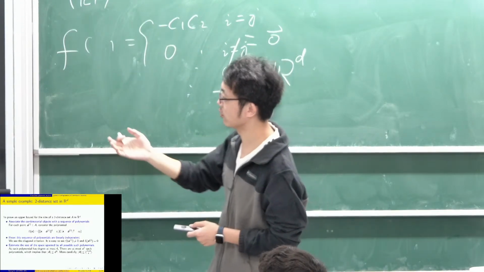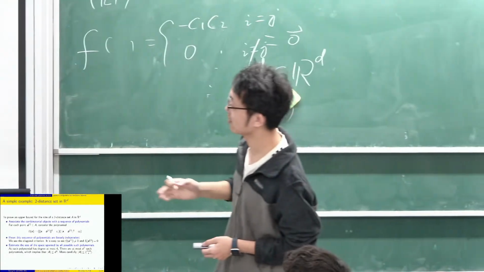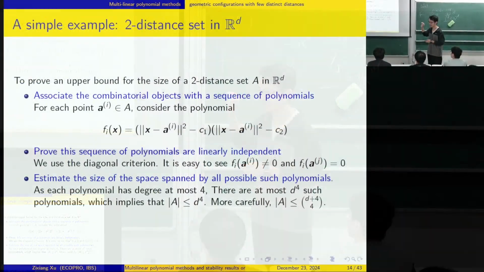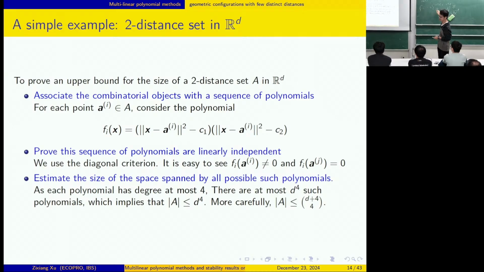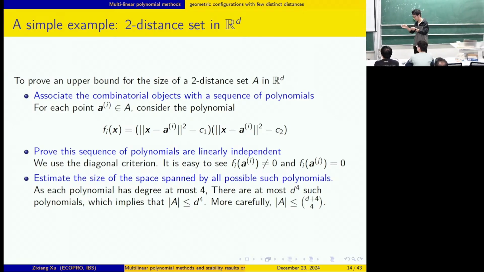And suppose you evaluate the other points, then the distance is either square root of C1 or square root of C2, then the value must be 0. That means the coefficient matrix is diagonal, then they are linearly independent.